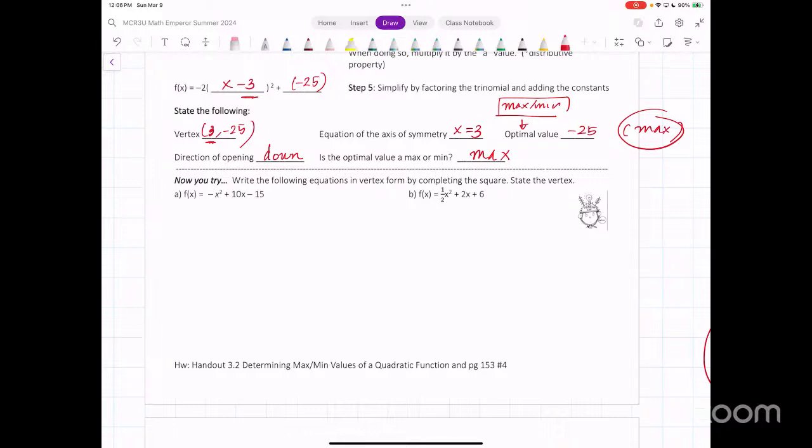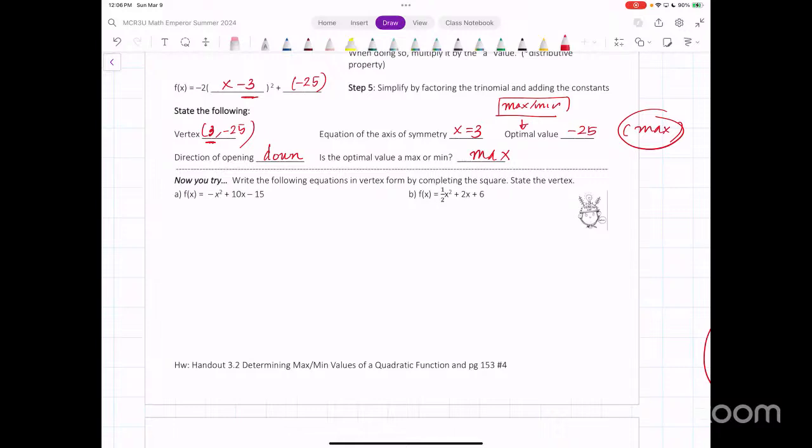Then you take the next step. Divide the coefficient of the negative term. But before that, factor out the coefficient from the binomial. So we need to take the minus one out.